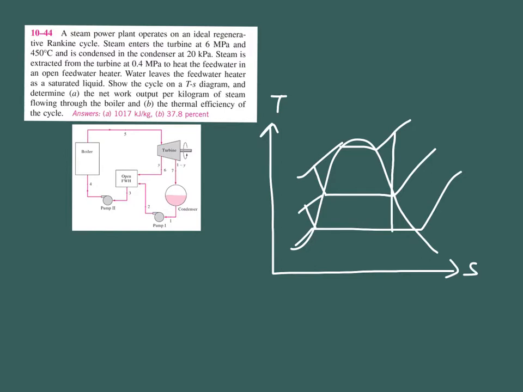So let's label this one as 1. Going out from your first pump is 2. This is your 3. This is 4. And then the inlet to your turbine is 5. This one is 6. And finally, the inlet to your condenser is 7.